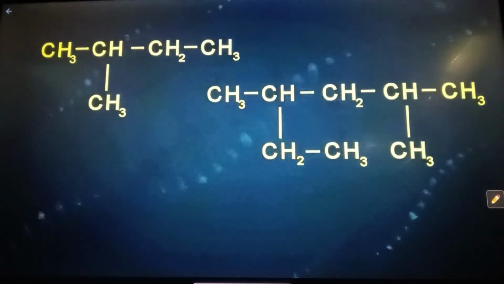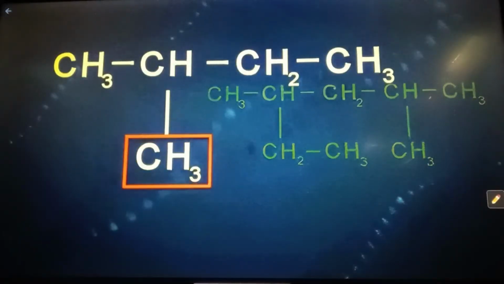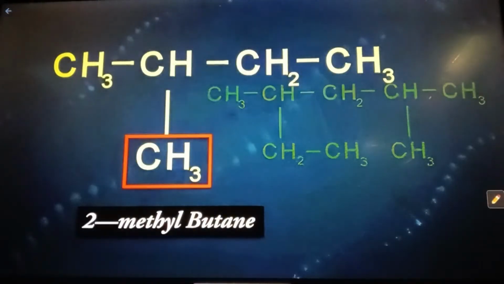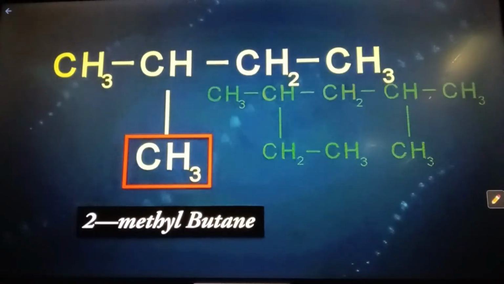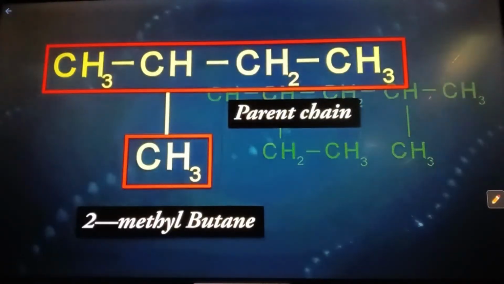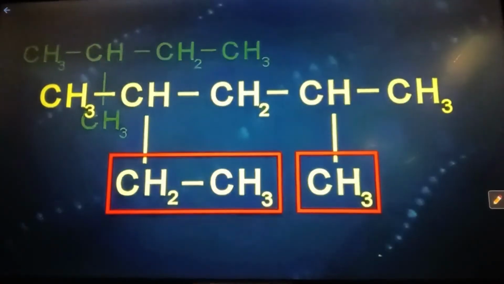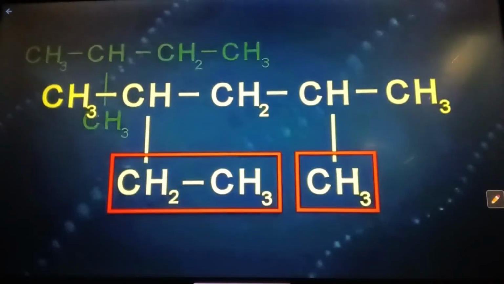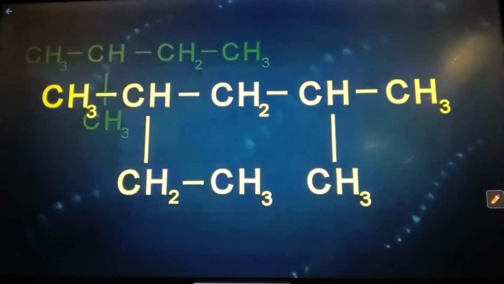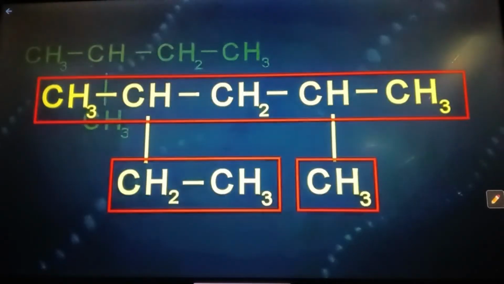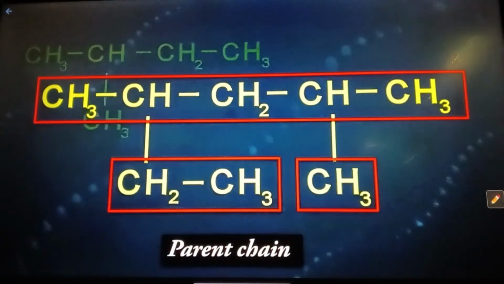Some examples of these are shown here, like in this case of 2-methyl-butane. Here, one methyl group is attached with the butane, which is a parent chain. And similarly in the case of 2-ethyl-3-methylpentane. Here, ethyl and methyl groups are attached with the pentane, which is a parent chain.